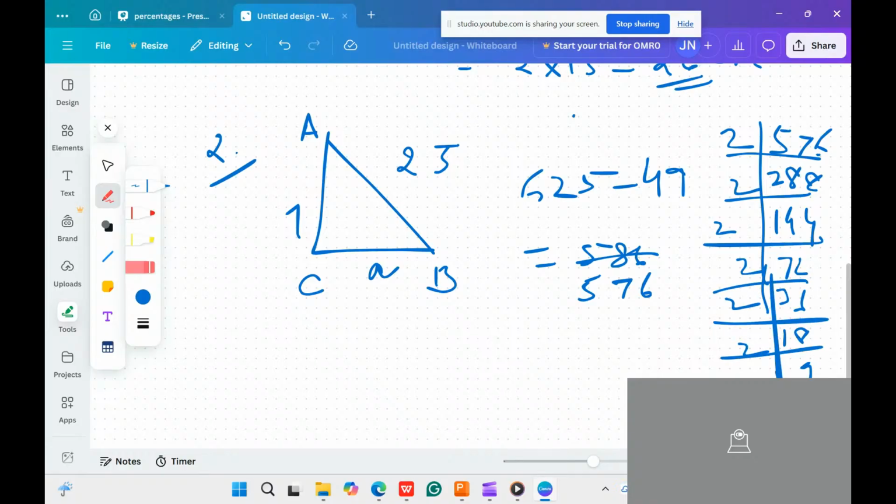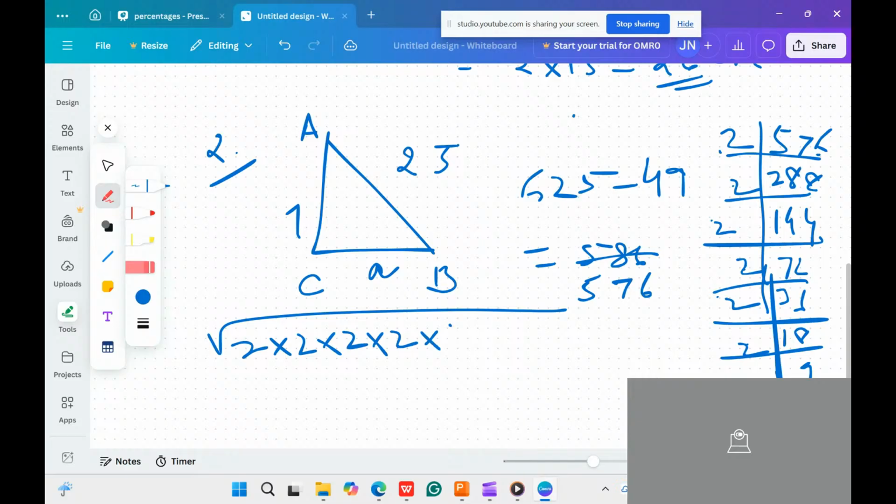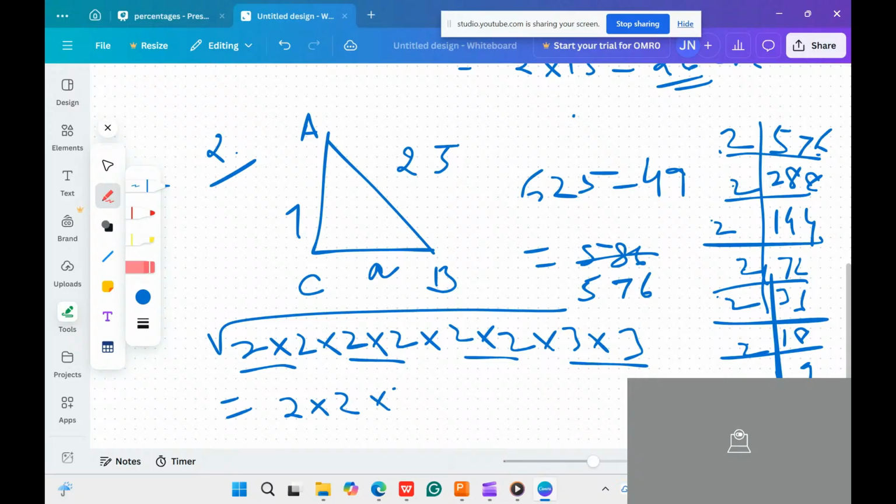So we have the square root of 2, 2, 2, 2, 3, 3. So one number from each pair will come out for your square root. 24 centimeter is A.